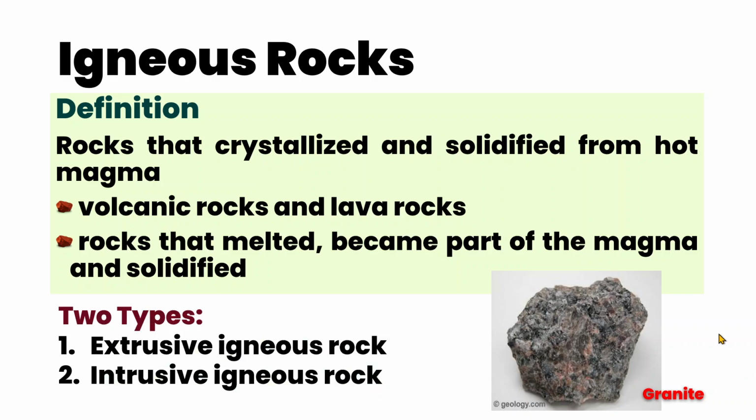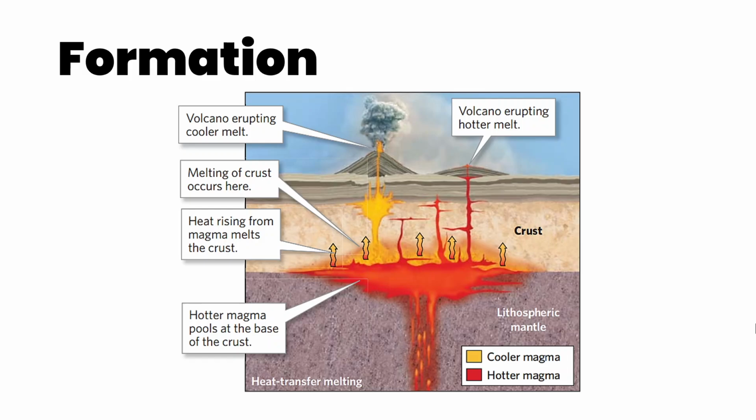We've mentioned a while ago that there are two types of igneous rocks, extrusive and intrusive igneous rocks. We'll show some common examples of extrusive and intrusive igneous rocks here. So again, igneous rocks are formed when magma solidifies.